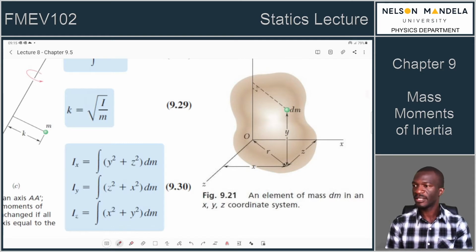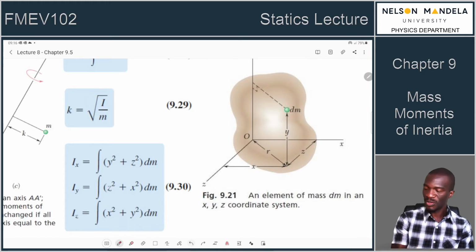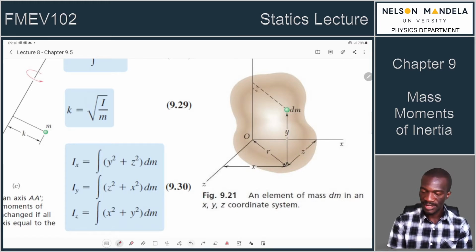So let's assume that our mass element dm is located at some x, y, z location. That's our mass element.